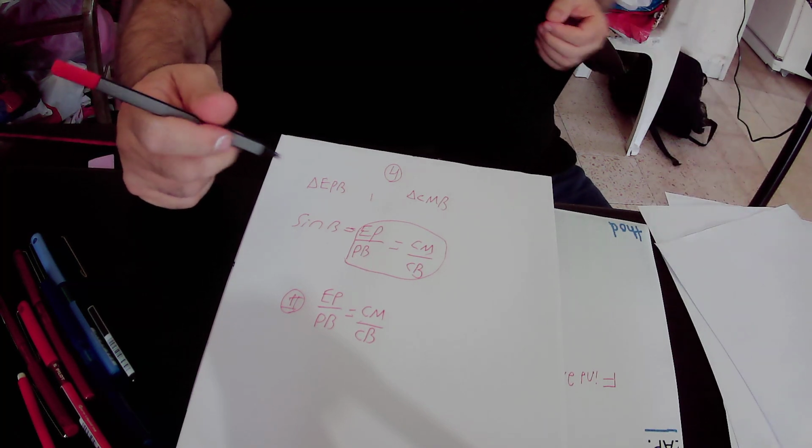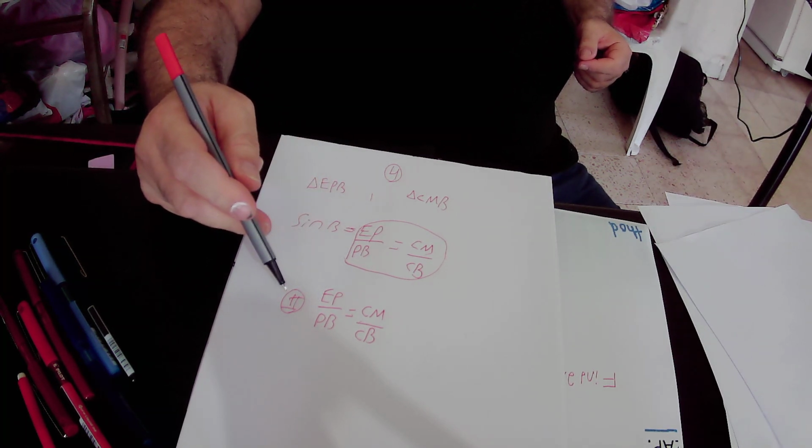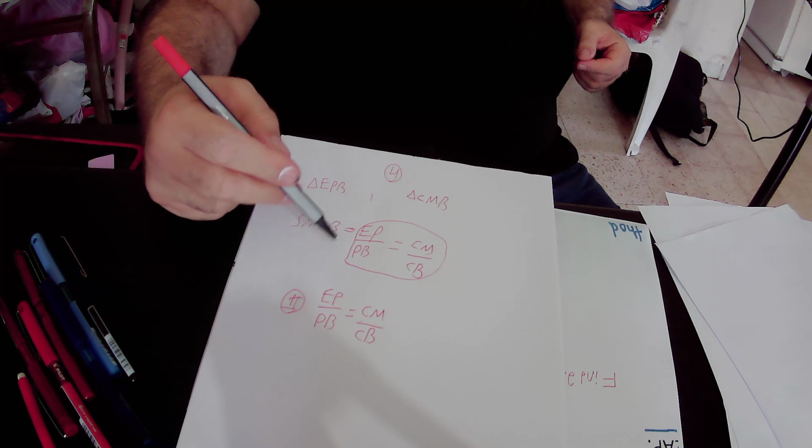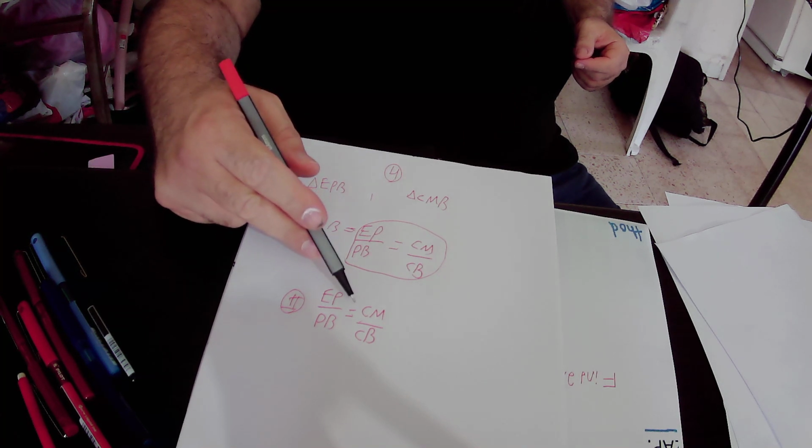So actually I copied this equality here and called it equation number 2. EP over PB equals CM over CB.